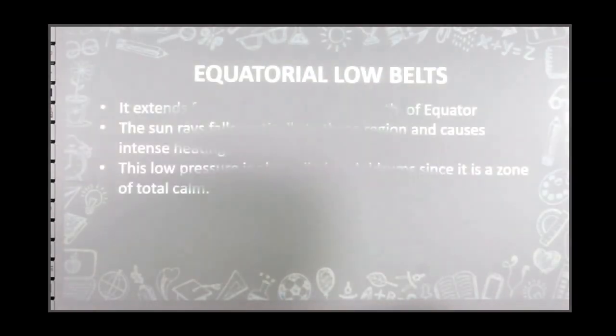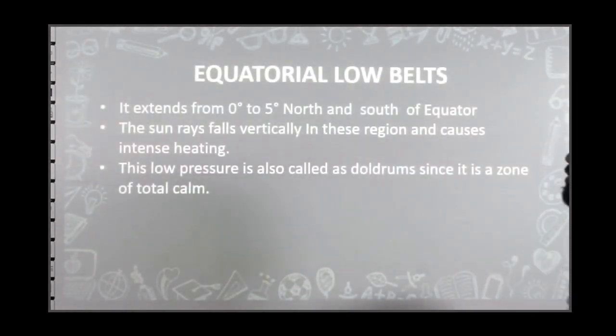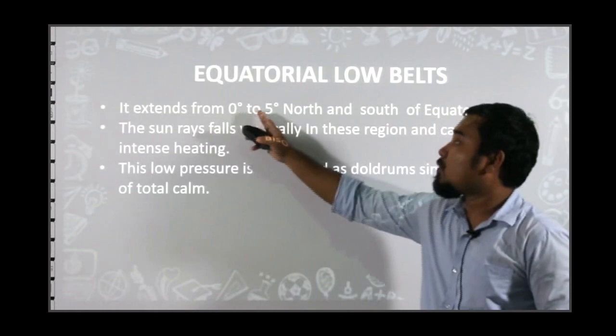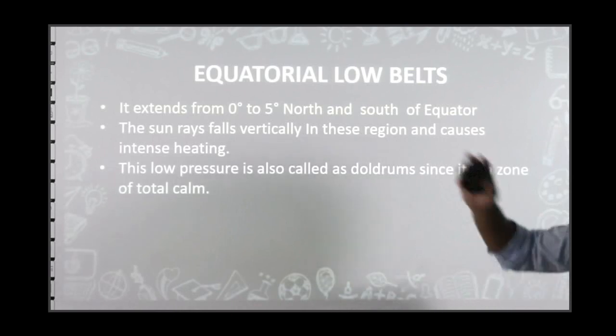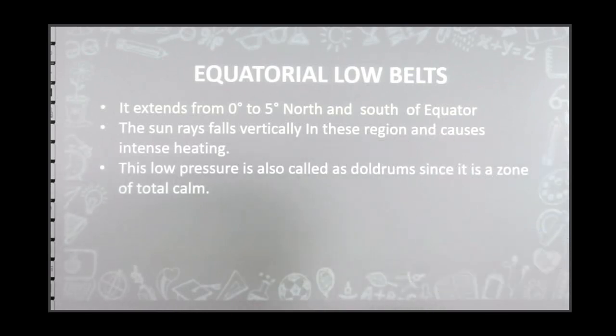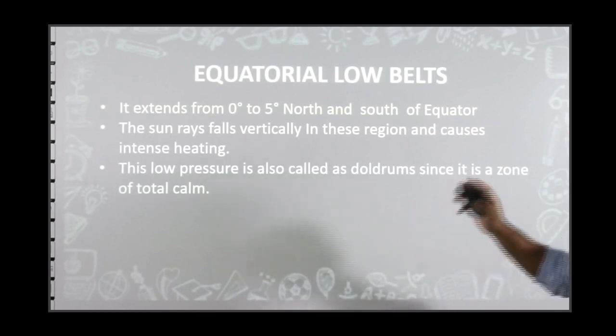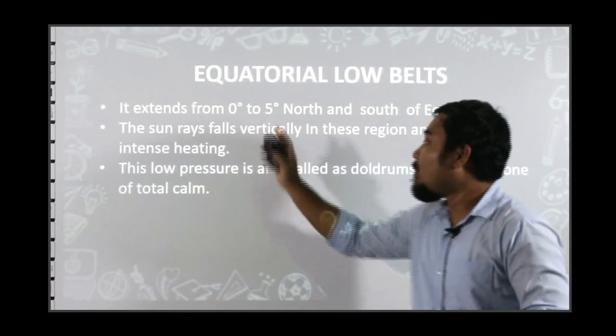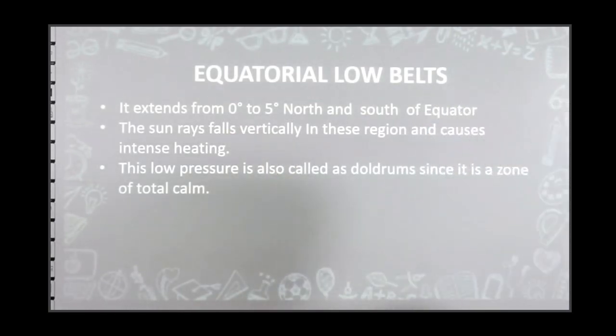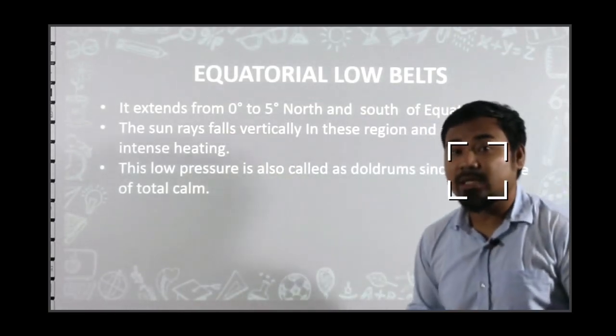First, we have got the equatorial low belts. This equatorial low belt extends from 0 degree to 5 degree north and south of the equator. From the equator, if you go 0 degree to 5 degree latitude, you will find this equatorial low pressure belt. Now, what happens in the equatorial low pressure belt? As we know, the sun rays fall vertically in this region and cause intense heating.